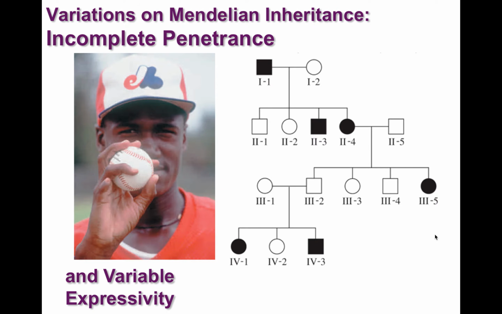Okay, so what are some of the variations on Mendelian inheritance? Well, two of them are incomplete penetrance and variable expressivity. This gentleman in the photo has a genetic condition. Can you tell what it is?